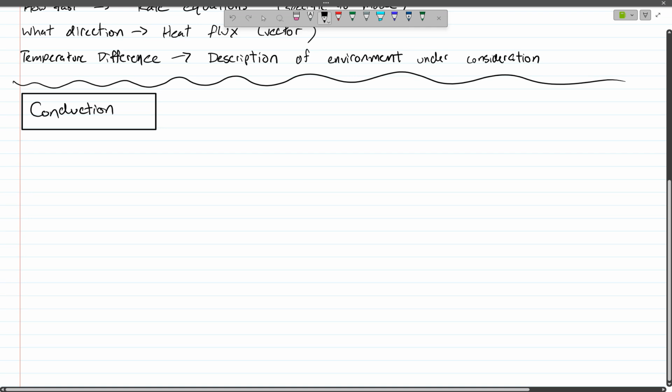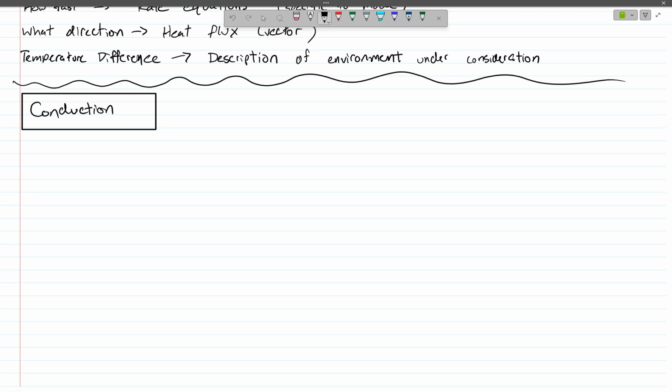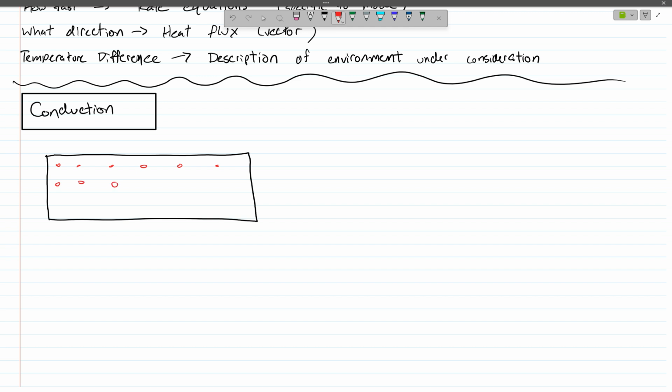So a physical description of conduction would be, this is energy transfer that's caused by molecular collisions or molecular vibrations. In other words, if we have a medium that is filled with this collection of molecules, be they in a crystalline or lattice structure or something more amorphous.